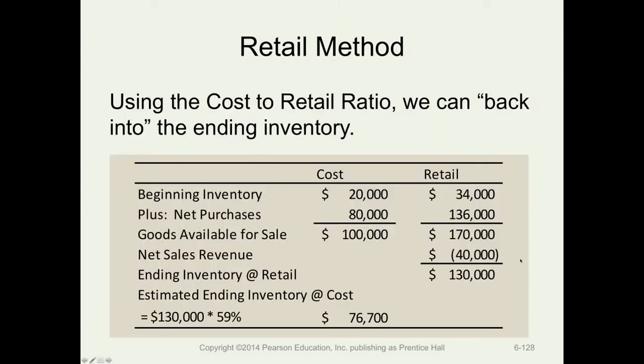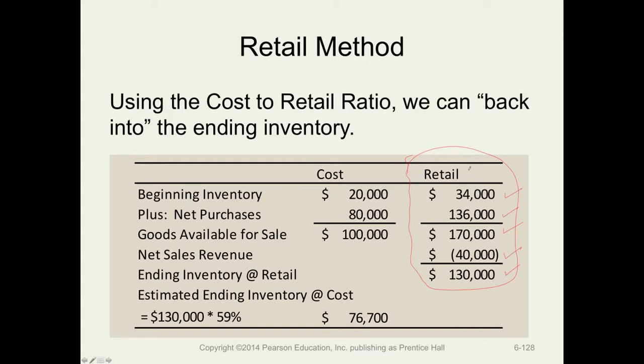To calculate the ending inventory, using the retail method, the estimation is done as follows. You have your goods available for sale at both cost and retail. As I said before, we assume that sales were 40, so just looking at this column, the retail column, it's beginning inventory plus purchases, goods available for sale, subtracting out what you sold, almost like the cost of goods sold, except everything is at selling price, gives you the ending inventory.